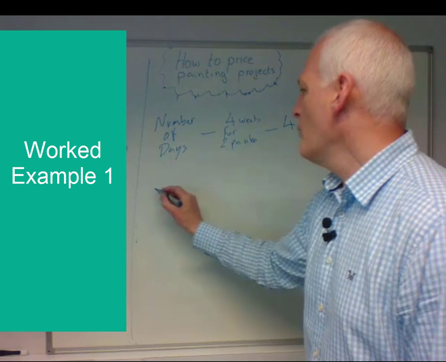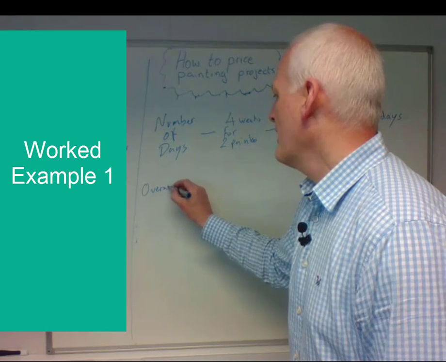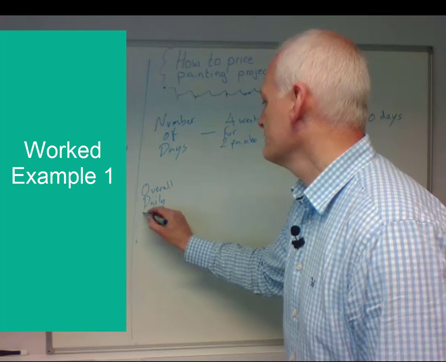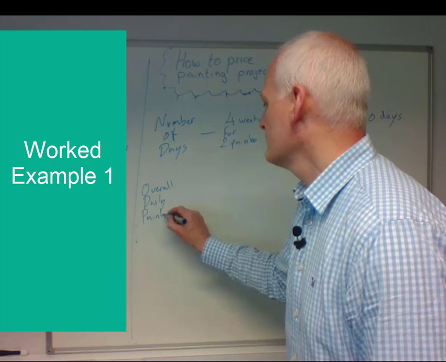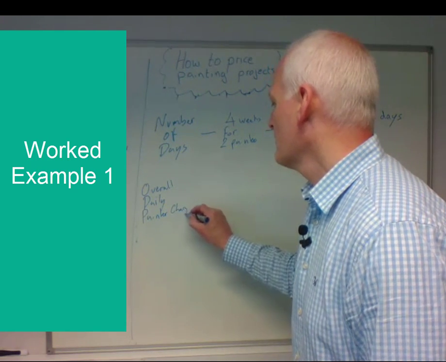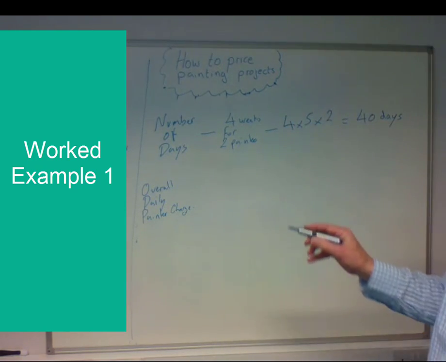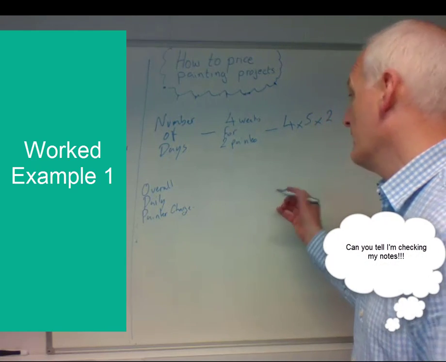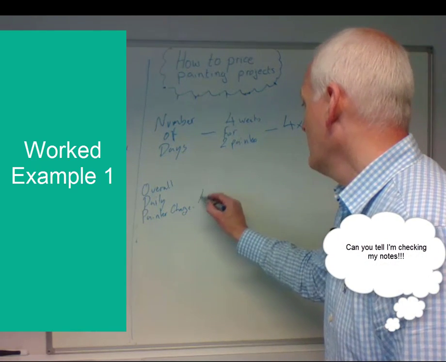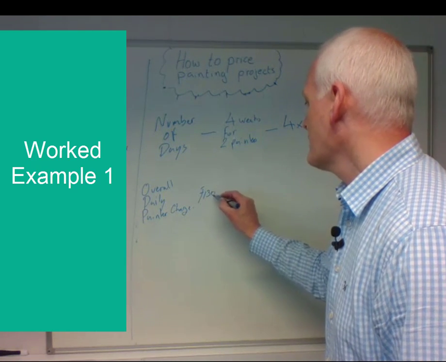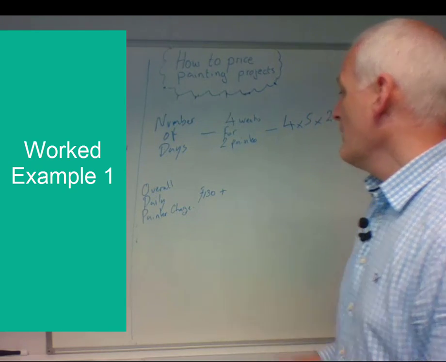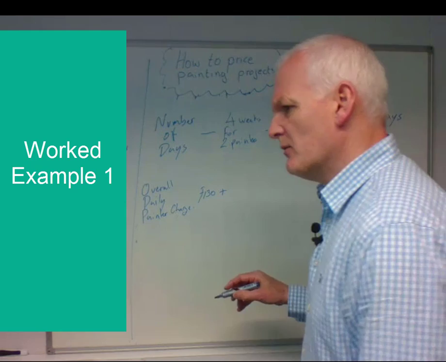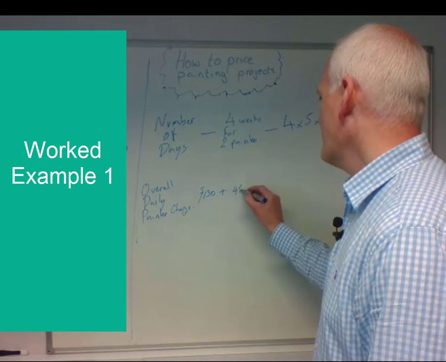Then we want to decide what overall daily painter charge we're going to use for this project. So for this one, let's assume that we're going to use, I don't know, £130 as my prime labour cost. My OHP allowance, well, let's go and add 35% onto that, which gives me £45.50.